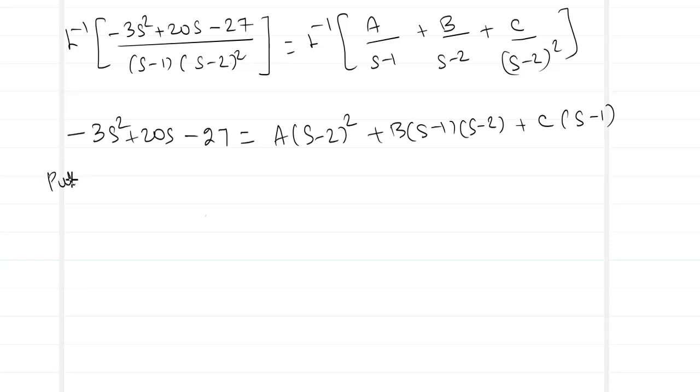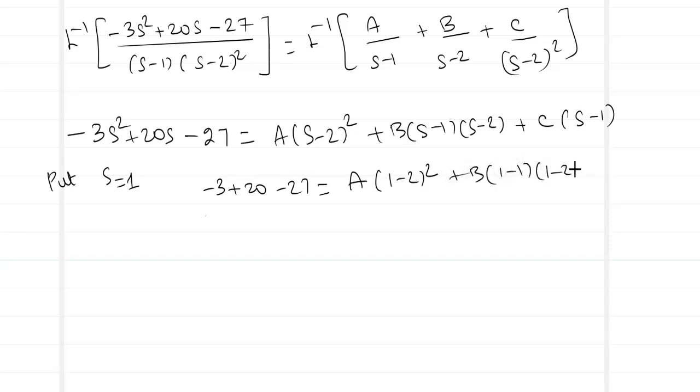First, substitute s is equal to 1 on both sides. I will have minus 3 plus 20 times of s. So it is 1 minus 27 to be equal to a times of 1 minus 2 the whole square plus b times of 1 minus 1, 1 minus 2 plus c times of 1 minus 1.